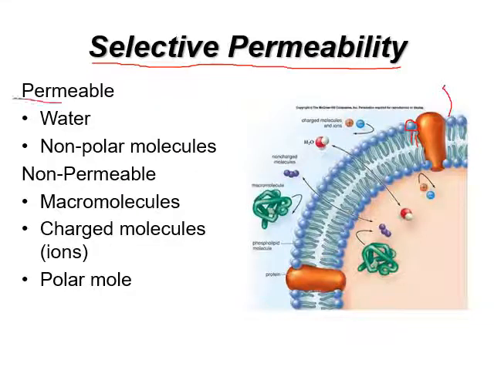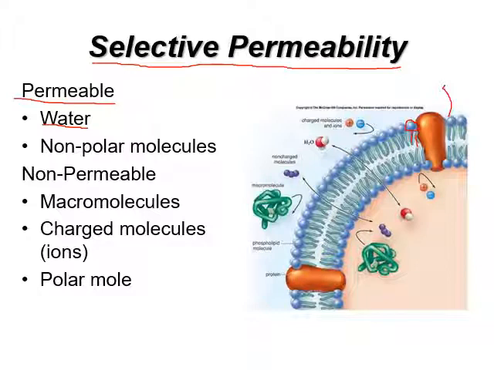So let's look at the permeability. Even though water is permeable, we will see size, besides polarity, size also makes a factor on if a molecule can move through the membrane or not.